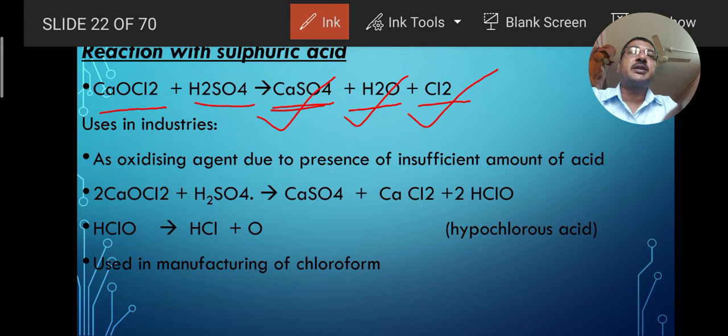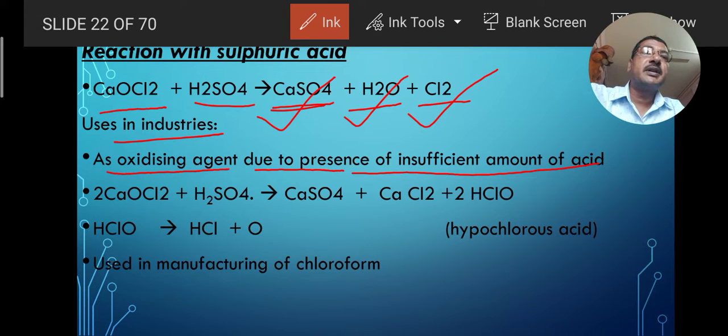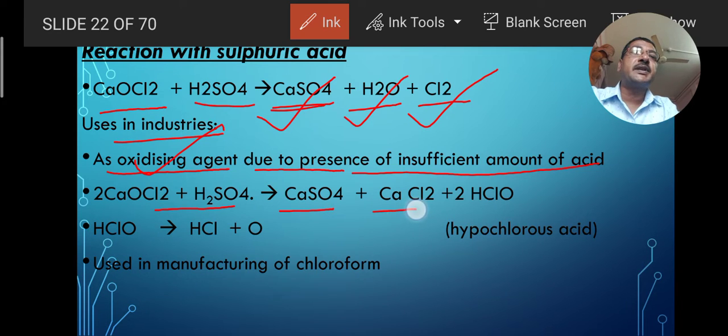Next, what are the uses? It is used in the industries. How is it used in the industries? As an oxidizing agent, due to the presence of an insufficient amount of acid. If an insufficient amount of acid is present, then it will act as an oxidizing agent. See here, 2CaOCl2 plus H2SO4 gives CaSO4 plus CaCl2 plus 2HClO.